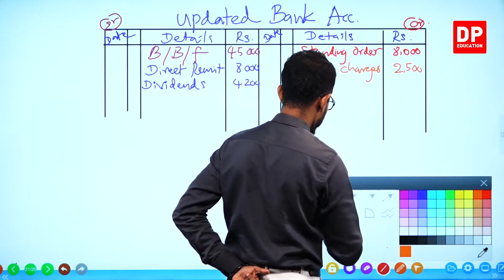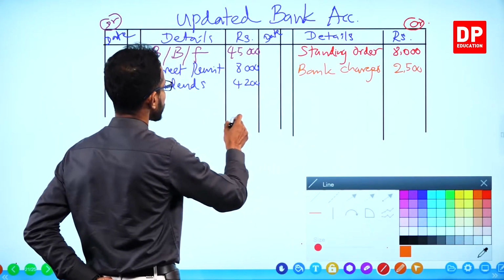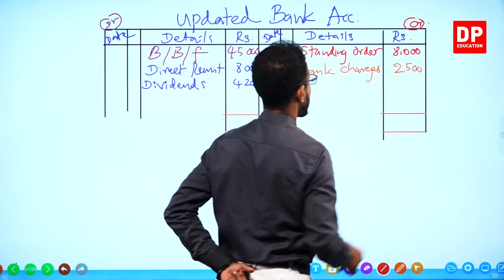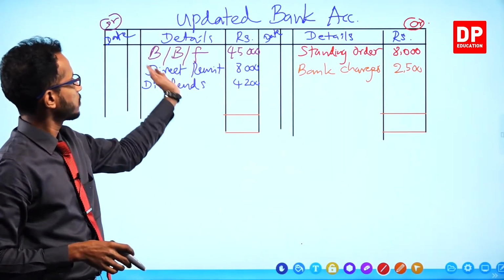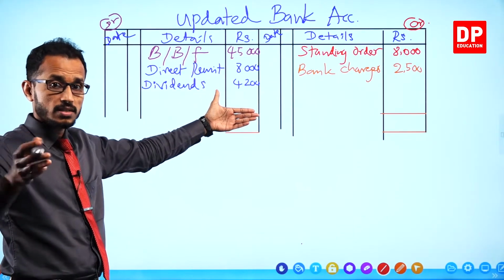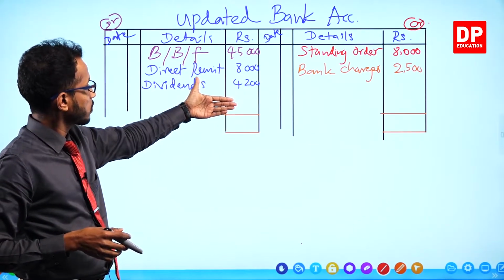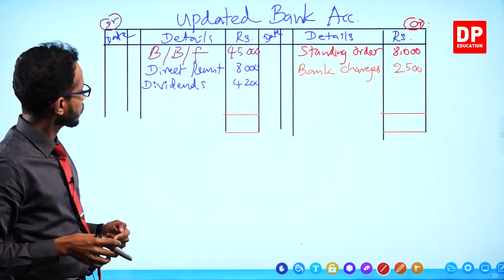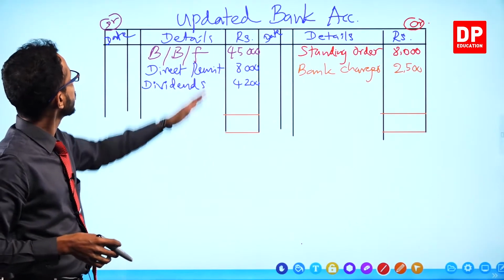Draw the sum boxes. Take the sum total. Sum up the higher, the greater total. Obviously, the greater total is in the debit side.